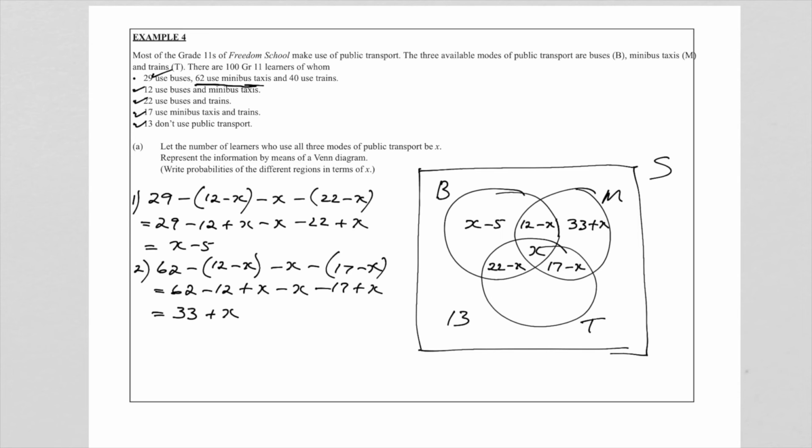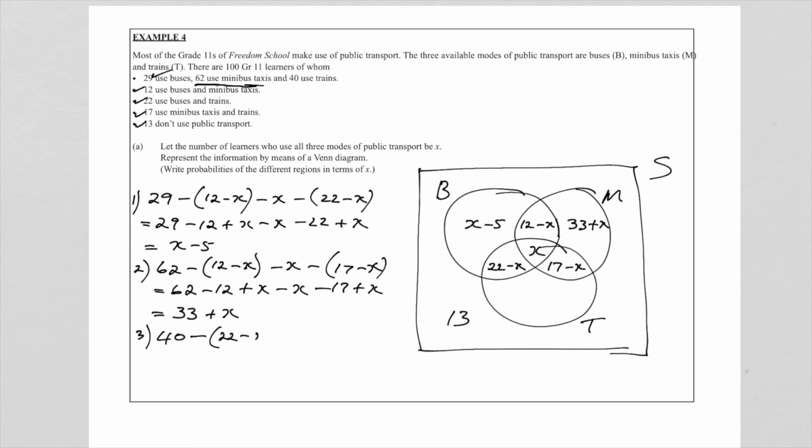So now we've got only one part left here, and that is the part where we are looking at the trains, the 40 trains. So we're going to say 40 minus 22 minus x, minus 17 minus x. So that is the 40 trains in total.